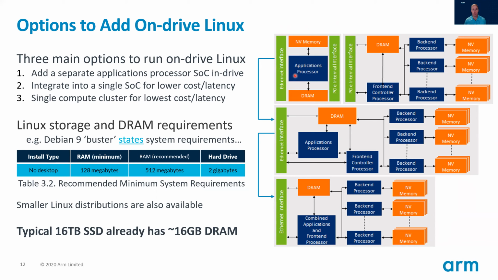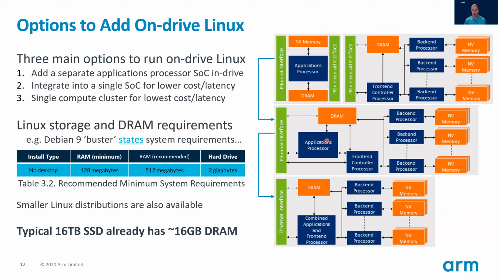So to solve a lot of those challenges, we need to take a look at this middle box here. This box is our same SSD with the front end and the back end processor. But now we've incorporated that applications processor into the same controller as the rest of the SSD functionality. We've eliminated the back-to-back PCIe interfaces, so that saves all that bandwidth of moving the data back and forth.